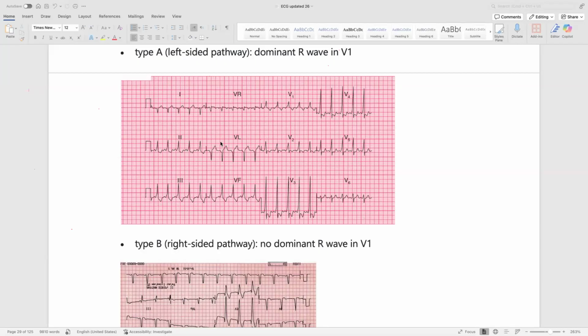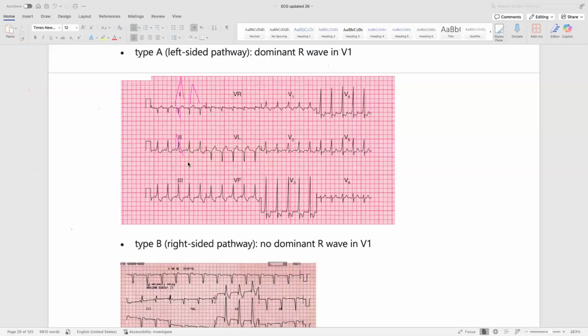Now, can you tell me from the axis, the R wave in V1 and 2? Leads 1 and 2 towards each other, right? This is another way. If both are up, this is normal axis.